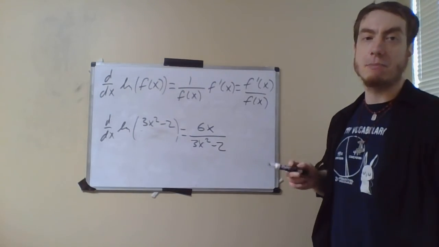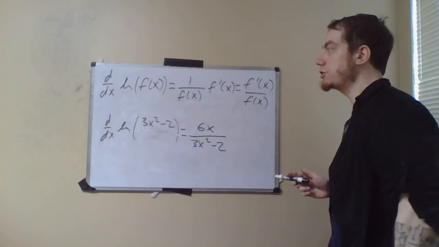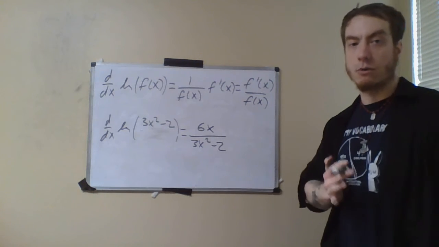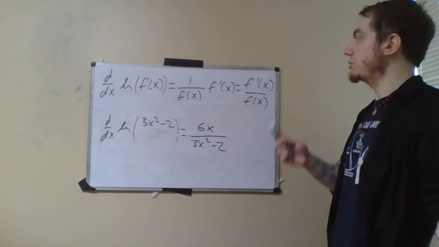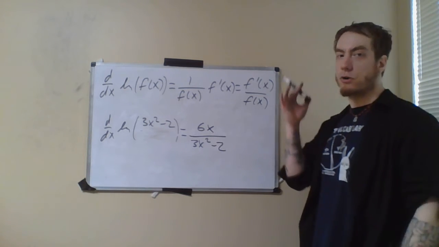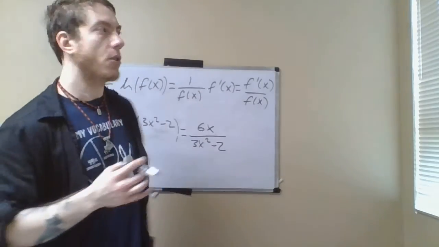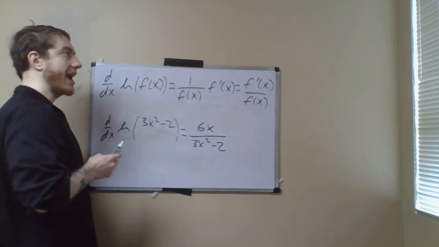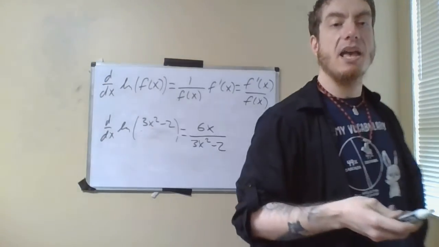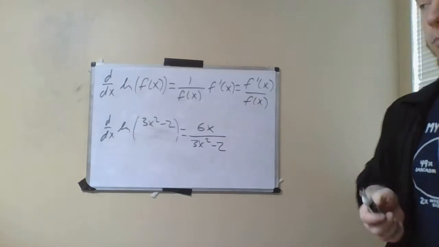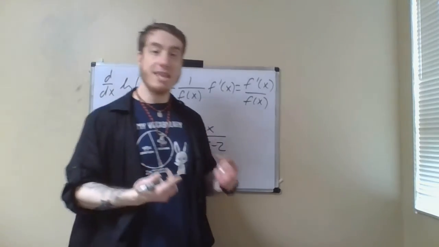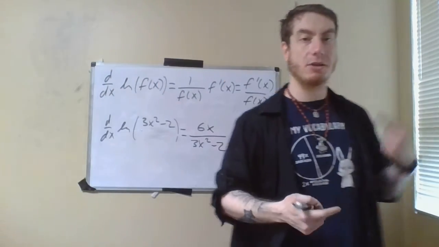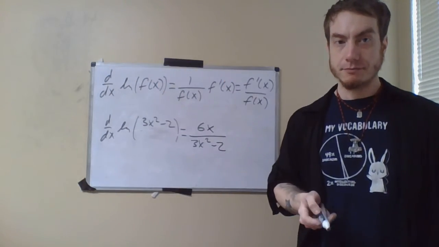I will mention how some people actually use this relationship to define the logarithm. They define the logarithm to be a function whose derivative is 1 over x, together with saying that the logarithm at 1 should be equal to 0. And then they get all the usual properties of the logarithm out of that. The nice thing about doing it that way is that you automatically get that the logarithm is differentiable.